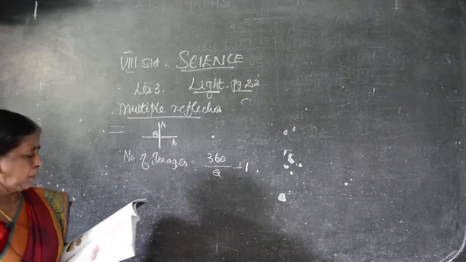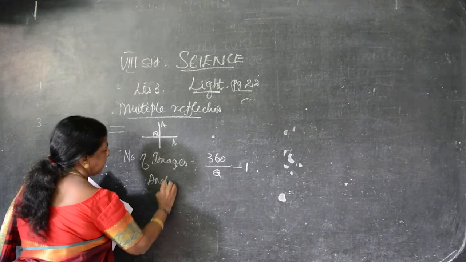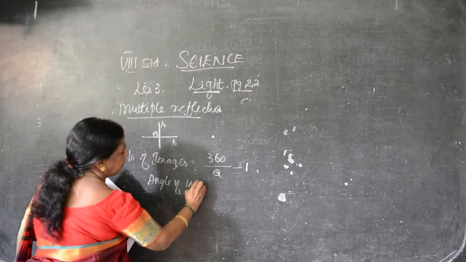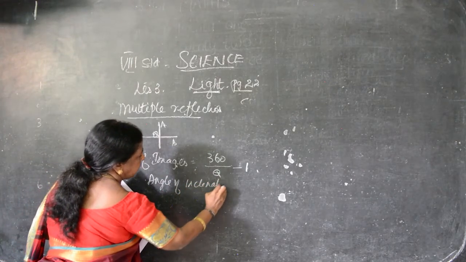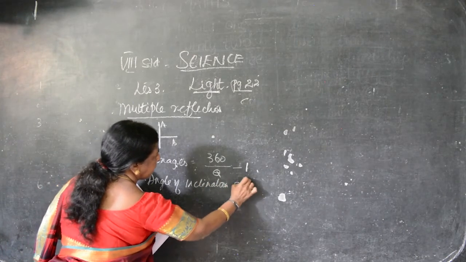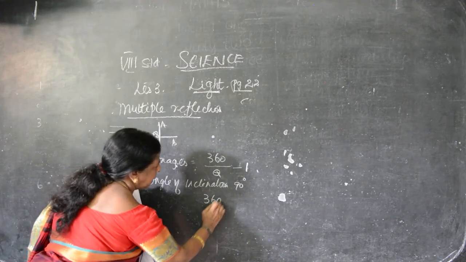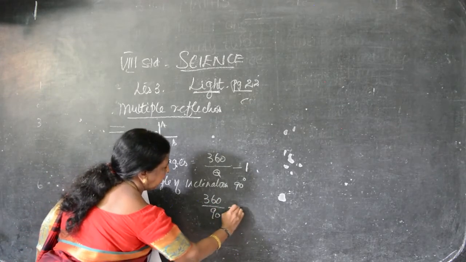Suppose the angle of inclination. In our question, what is given? Angle of inclination is 90. As per the formula, 360 divided by 90 minus 1.